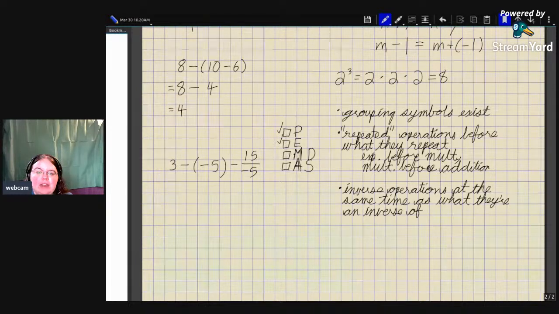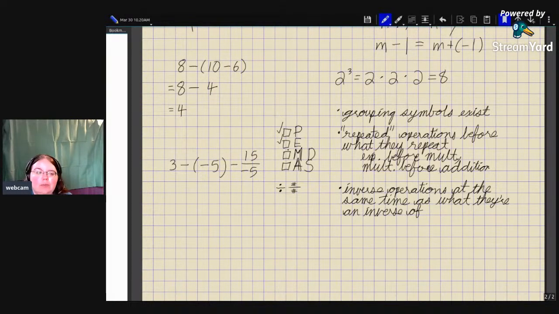Okay, multiplication and division. So even though this is written as a fraction, remember a fraction is just a division problem in disguise, you can kind of see in the symbol for a division that it looks kind of like a fraction if we had a number over a number instead.